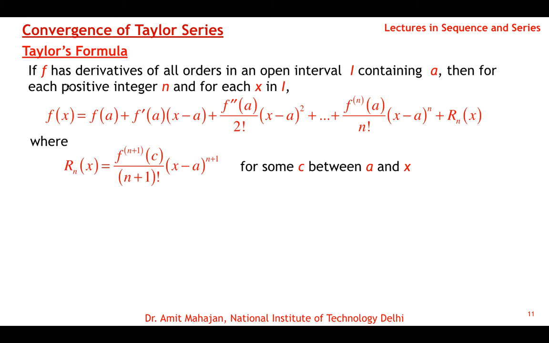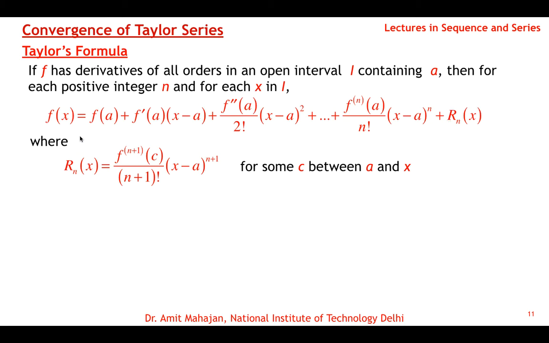If a function has derivatives of all orders in an open interval I containing a, then for each positive integer n and for each x in I, we can write f x as the Taylor polynomial plus a remainder. So f of a plus f dash a times x minus a plus f second derivative a over 2 factorial x minus a square plus so on, f n a over n factorial x minus a power n, up to here it is nothing but P n x, the Taylor polynomial of order n, plus R n x, which is called the remainder.